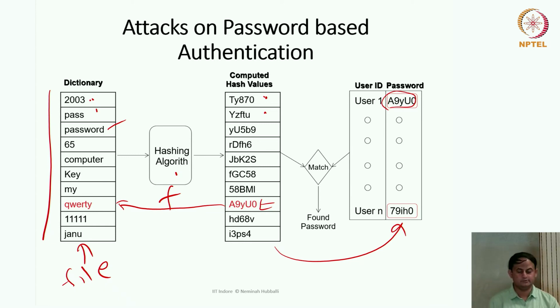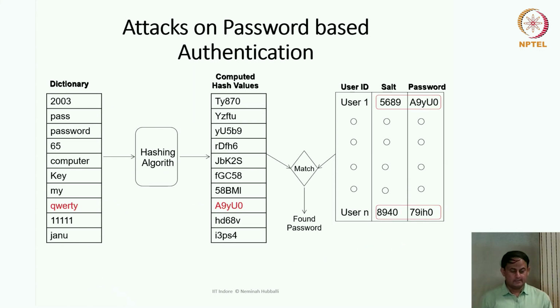This is the case when salting is not used, when a random number is not used as an input to the hashing algorithm. If, on the other hand, salting is used or a random number is used as an input, then the scenario slightly changes.